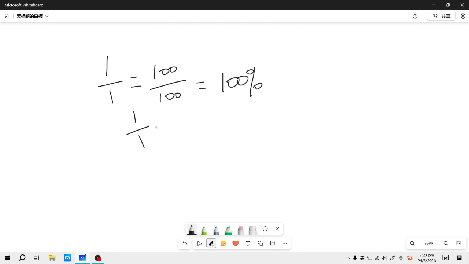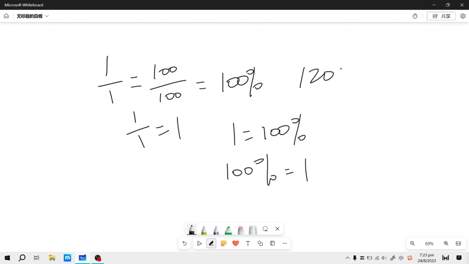And 1 over 1 equals 1. So 100% equals 1. So now this is a very important thing.